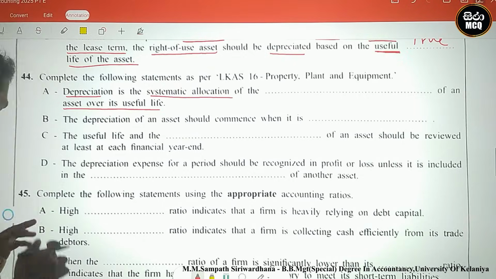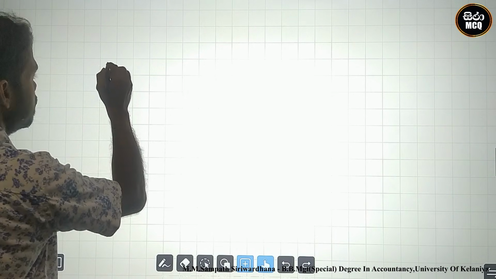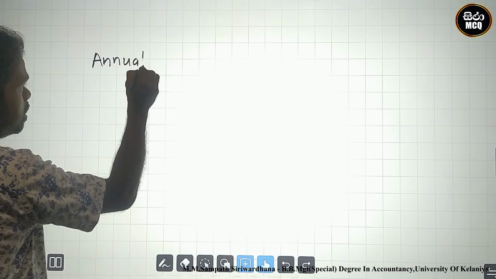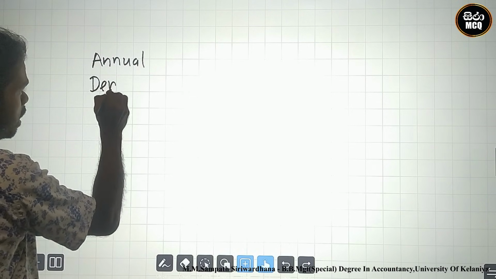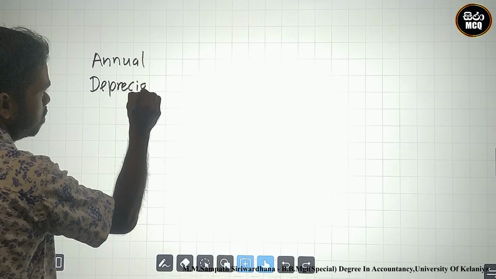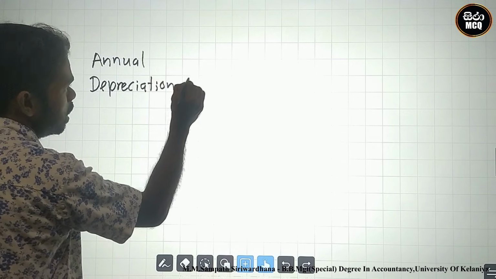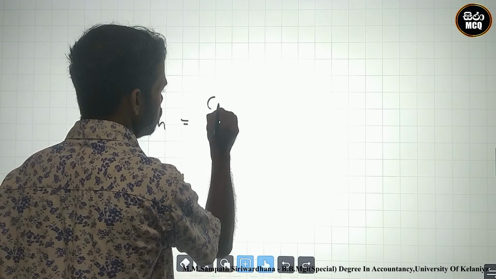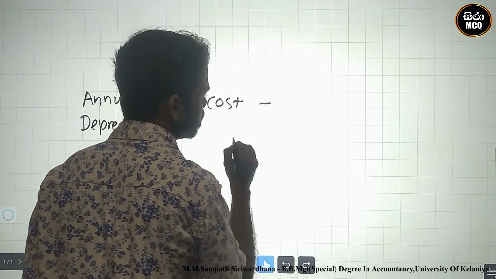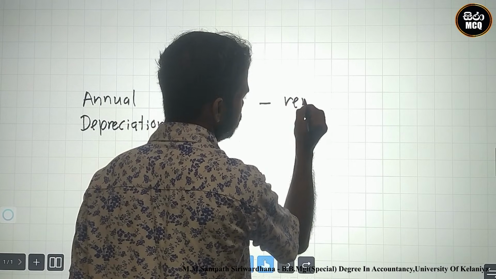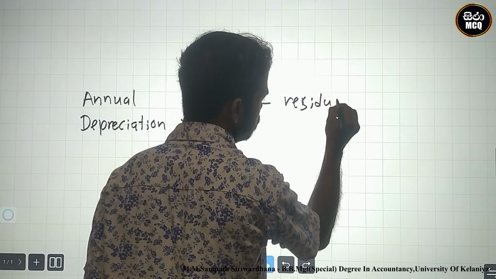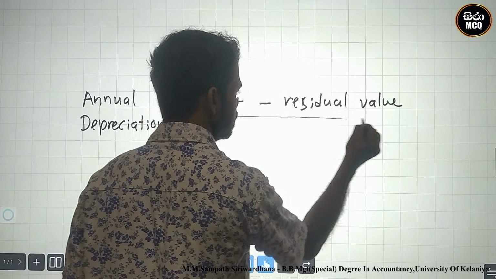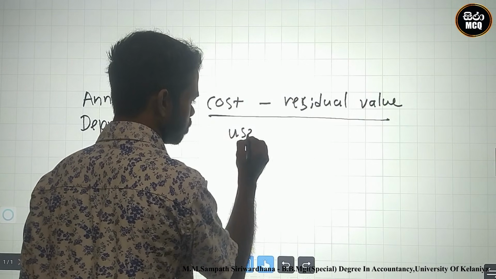You know the equation for annual depreciation. Annual depreciation you calculate this way: cost minus residual value, divided by useful lifetime.